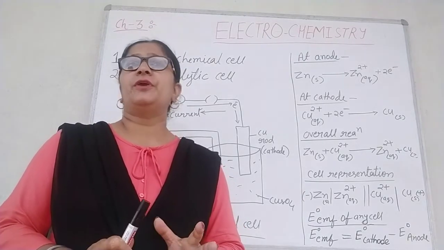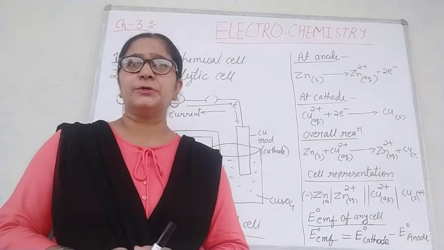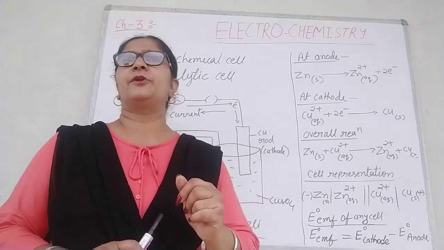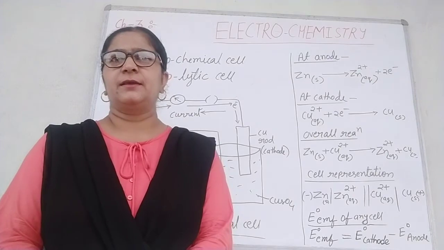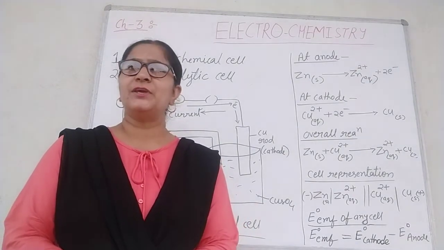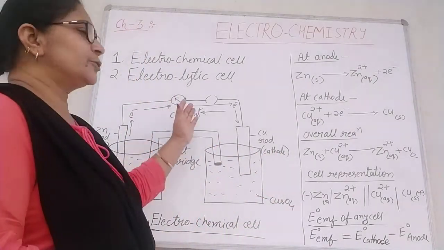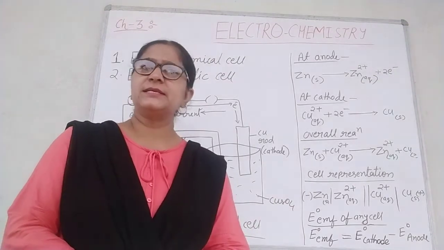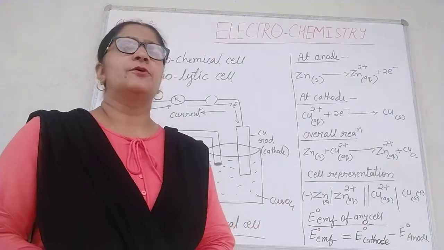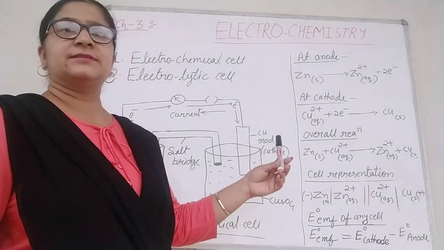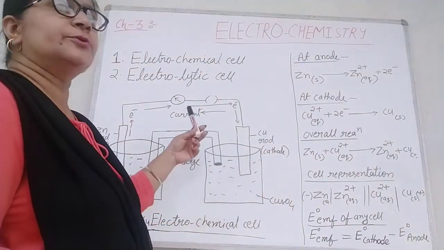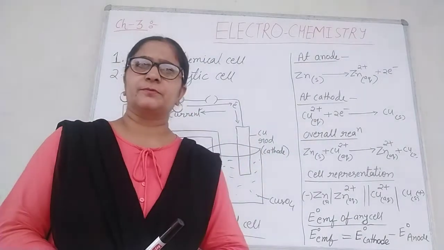So if we connect the two electrodes through a wire and a galvanometer, we will see the electrons will start moving from zinc rod to copper rod. As a result, current flows in the opposite direction, that means copper rod to zinc rod.